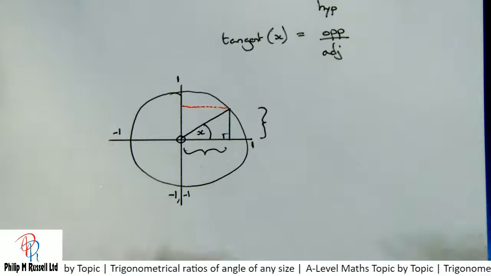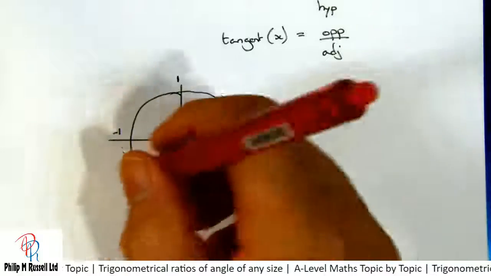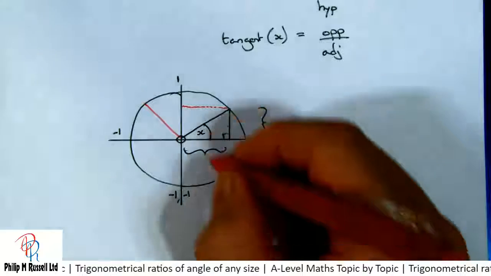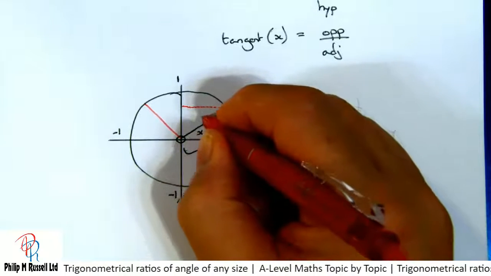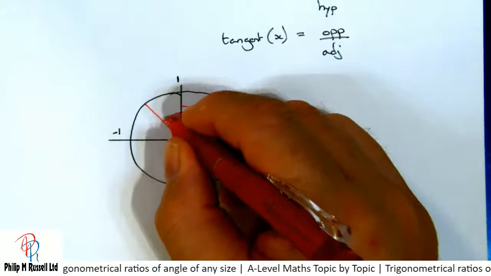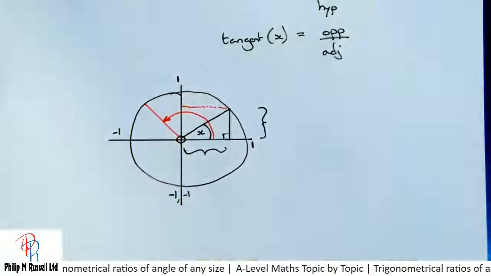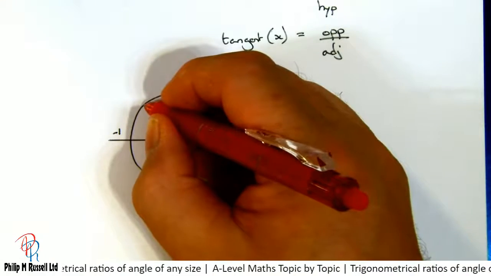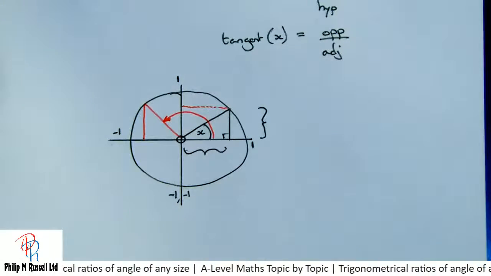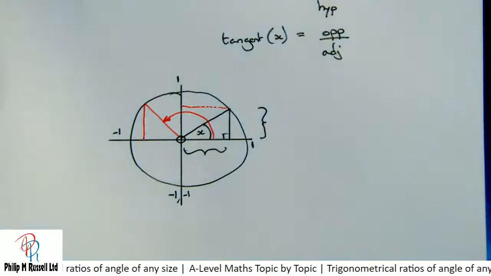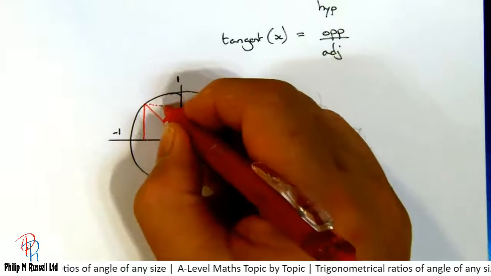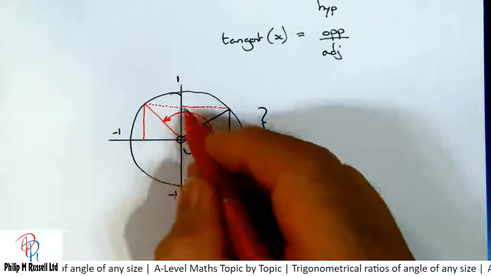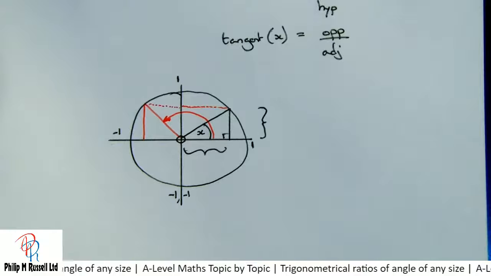But what happens if I now take an angle which is over this side, and the angle here is much larger? Well, what we can still do is drop a perpendicular, and I can still read across here what the height of my triangle is.